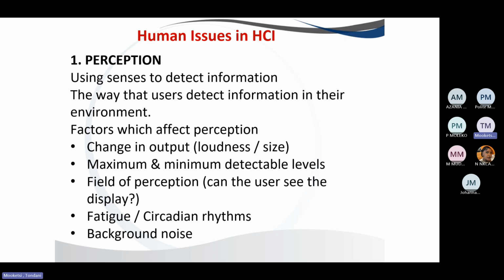Okay, so for today's topic, human issues in HCI, we are focusing on the issues that affect how people interact with computers. So this is mainly how human beings process information when they interact with the system.